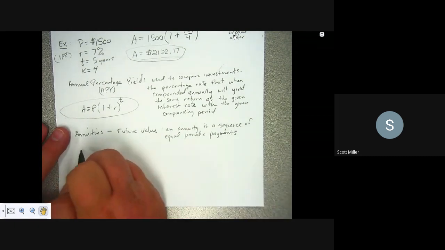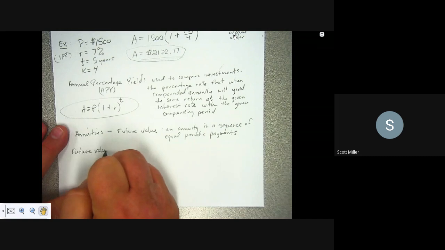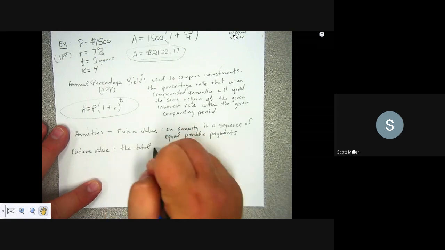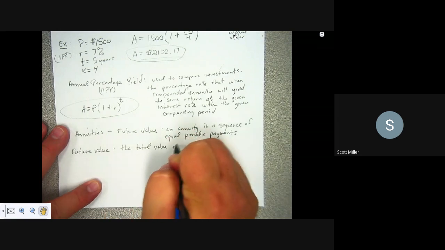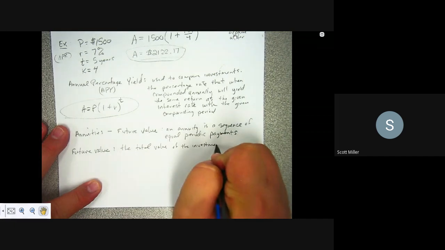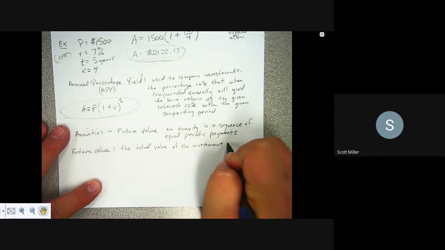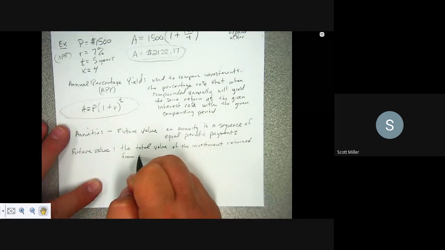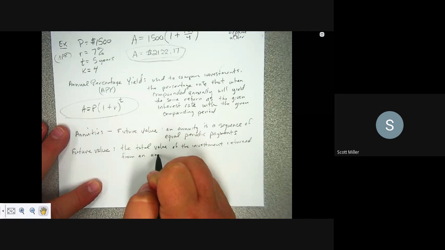Future value. The future value is the total value of the investment returned from an annuity.